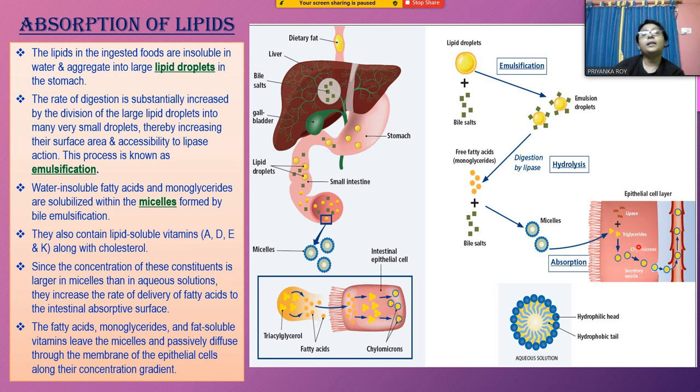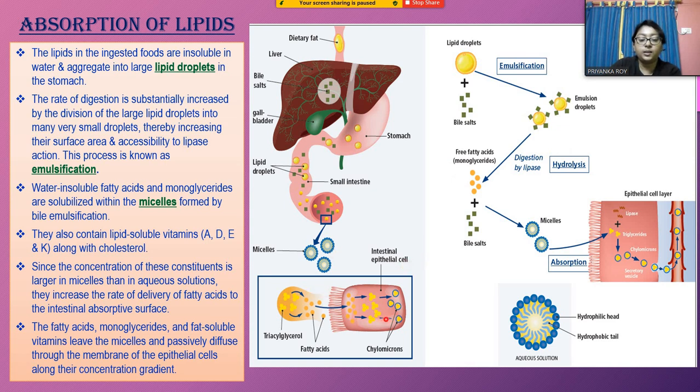Inside the intestinal cells the concentration will be lower, and within the lumen the concentration is higher. So they go down this concentration gradient from the lumen to the inside of the intestinal cells, and from there they are carried on to a lacteal or lymph vessel, and ultimately into the blood vessel.